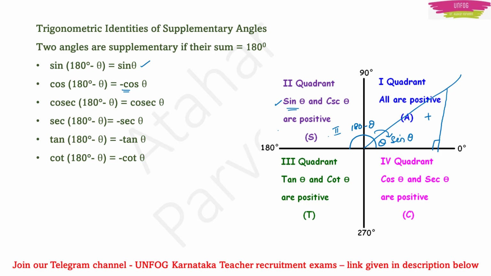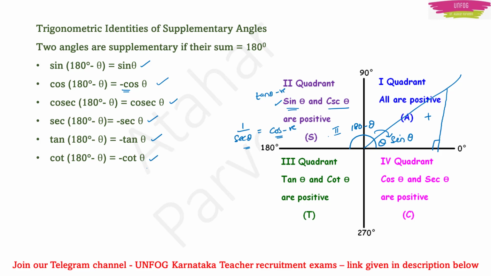But in the second quadrant cos is negative, so that's why you have minus cos theta. Again you will have cosecant theta positive, because it is positive in the second quadrant. But secant theta is the reciprocal of cos theta, so cos is negative means secant also will be negative. And tan theta is also negative in the second quadrant, so you will have negative, and cot is its reciprocal and it is also negative.